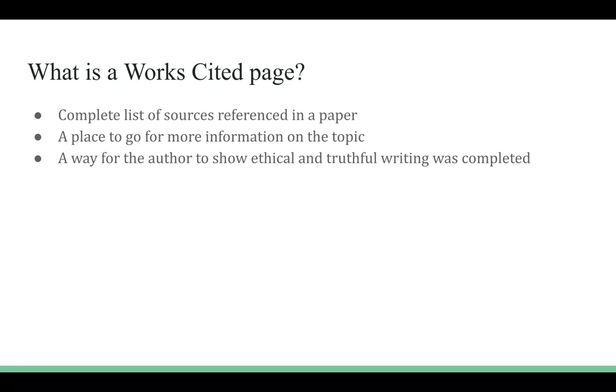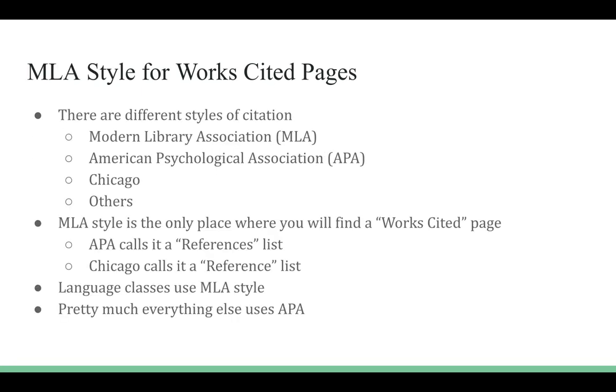The other thing that a works cited page does for readers is that it shows that you, the author, went about your topic ethically and that you have truthful information in your paper as much as you can, especially dealing in the climate of fake news and everything that goes on in the world. So it's kind of you covering your bases saying, hey, I didn't just make this up. These are the places that I found this information.